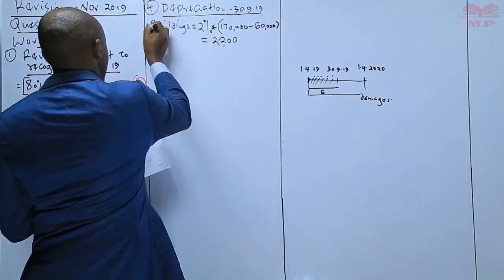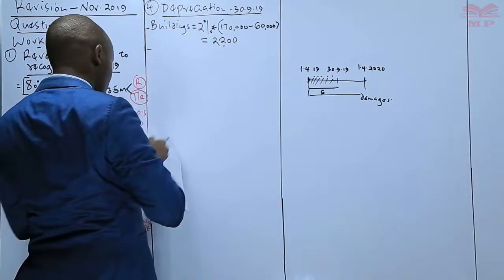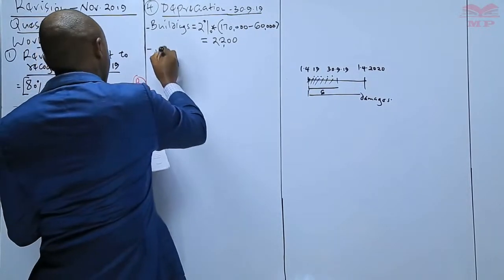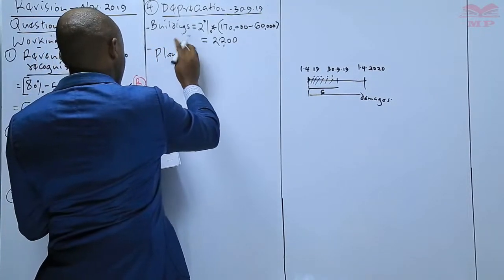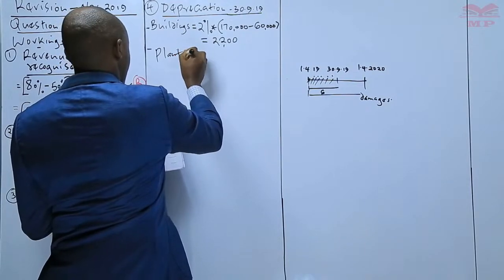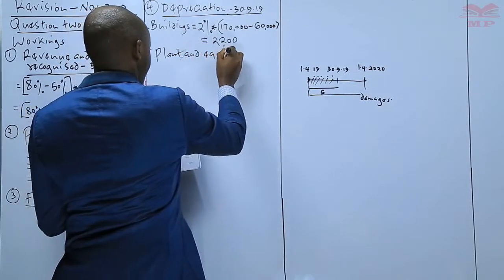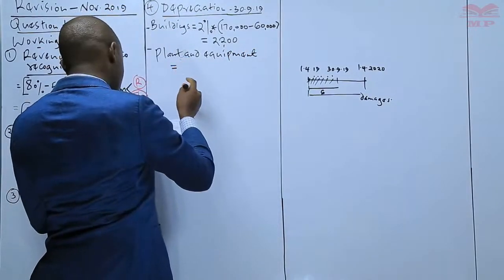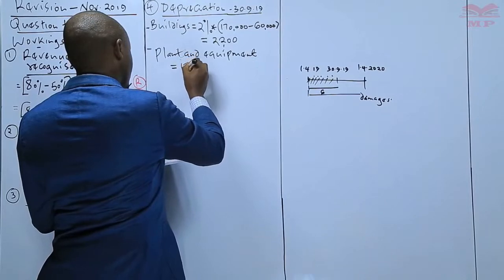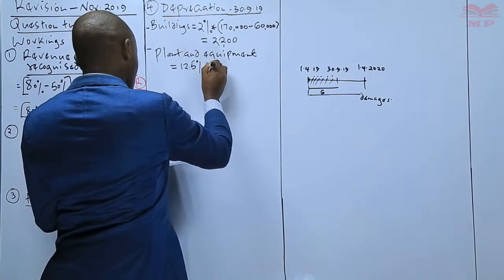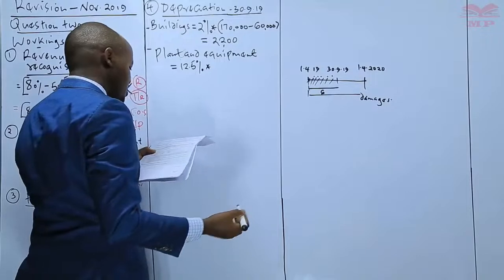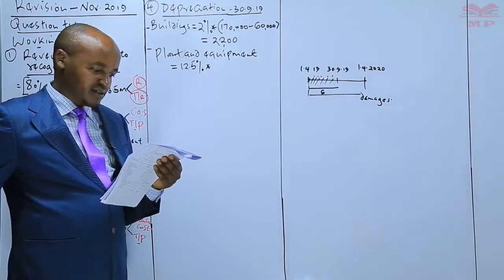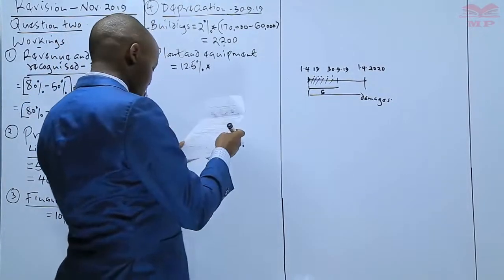And then we also compute the depreciation as per note number 3. We compute depreciation on plant and equipment. We are told depreciation here is computed at the rate of 12.5% of what? Of the net book value, because it is computed using the reducing balance basis. So we take the cost.